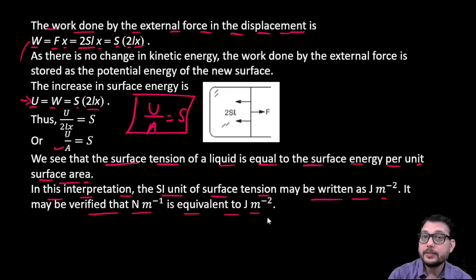You can convert one system of unit into another system of unit, or you can check whether a unit or a formula is correct or incorrect. So by using the dimensional method, you can easily check that newton meter inverse is equivalent to joule meter inverse 2. I hope and I believe that this thing is now clear to all of you.